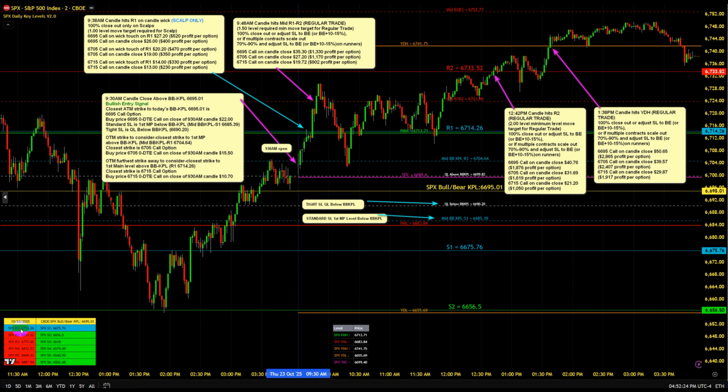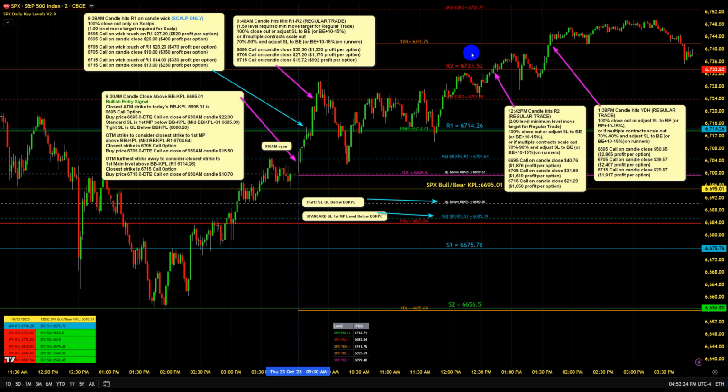Those would be the R1 through R6 levels above the bull bear KPL, as well as the S1 through S6 levels below it.